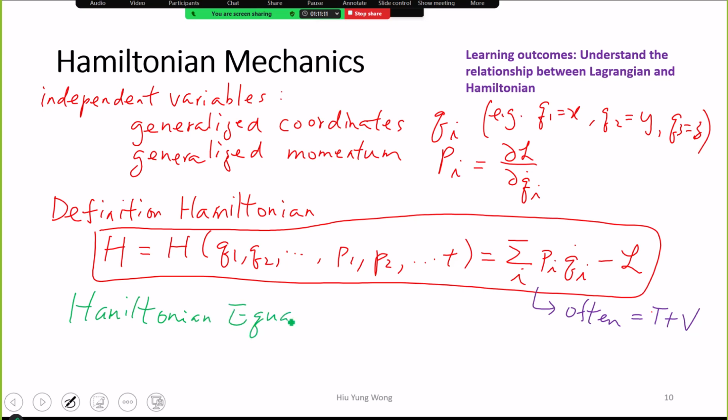So it says that pi dot equals minus partial H partial qi, and qi dot equals partial H partial pi.